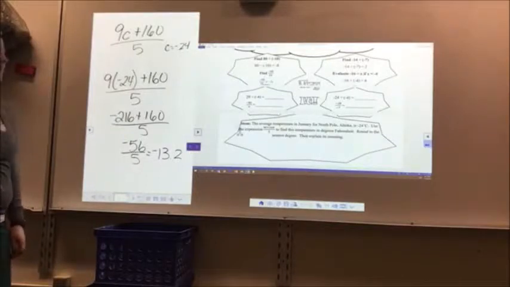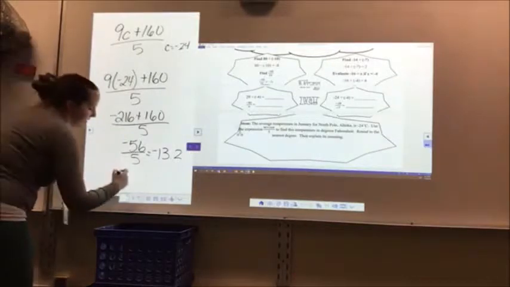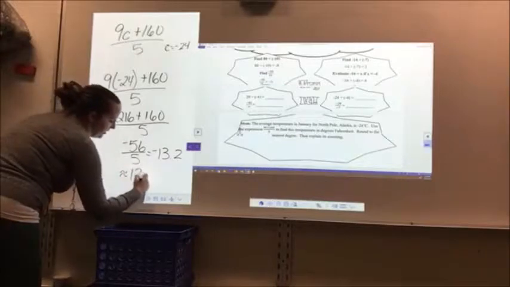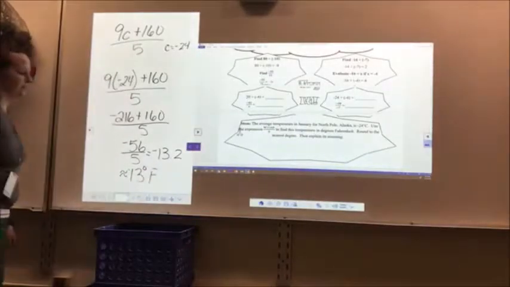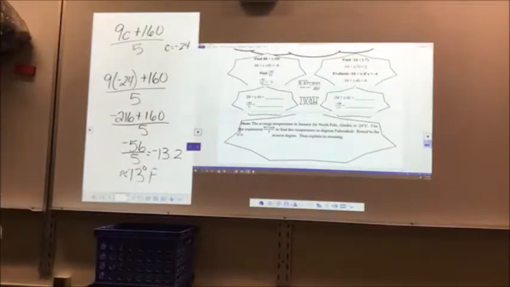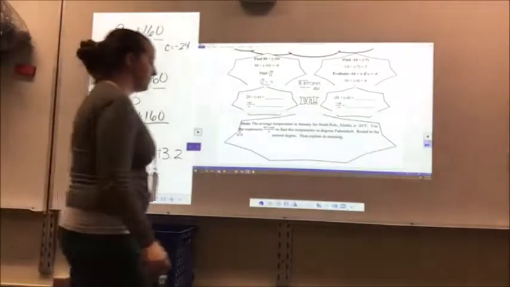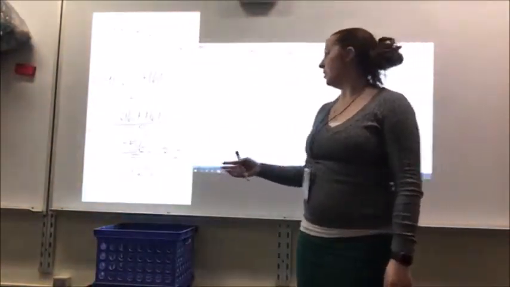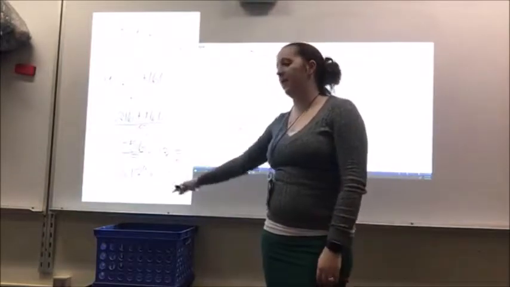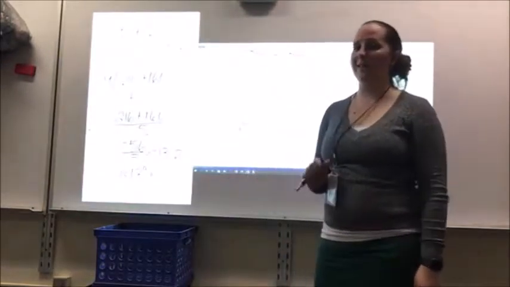And it said round to the nearest degree, which is negative 13 degrees Fahrenheit. Okay? This represents the degrees in Fahrenheit in North Pole, Alaska.